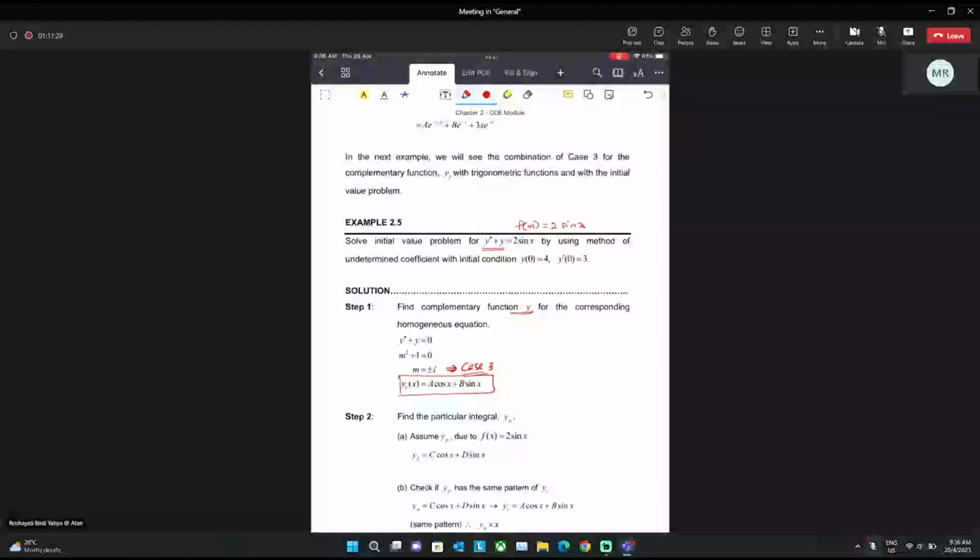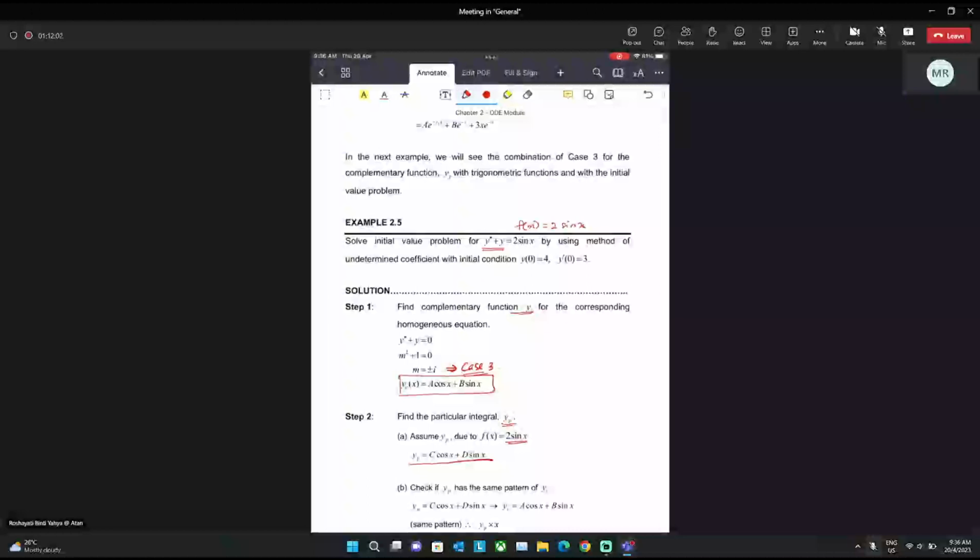Okay. So find particular integral YP. So YP, look at your fx to sin x just now. Okay, your friend share the answer is need to use C cos x plus D sin x. Anyone need more explanation about how to get YP here? I give you 5 seconds to ask. 5, 4, 3, 2, 1.